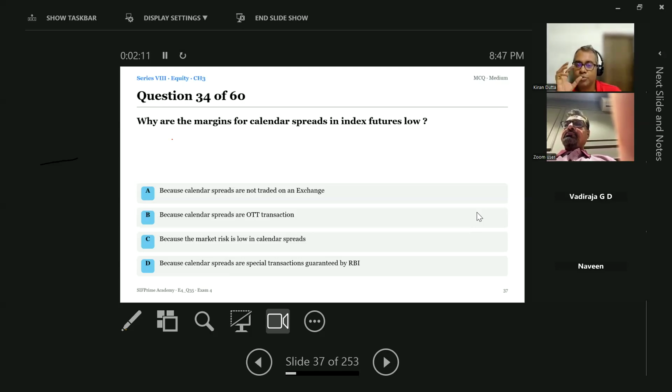To mitigate that, I will take another position. See, what did we say in options? My goal is always to mitigate the risk and hedge it, and at the same time make money. Because in futures there is unlimited potential and unlimited loss.